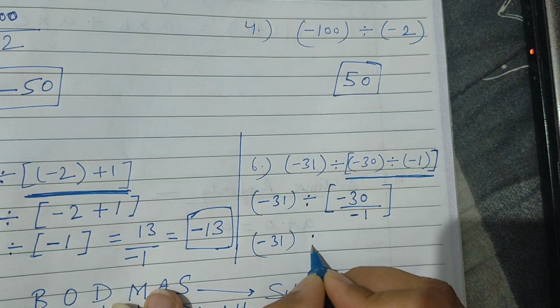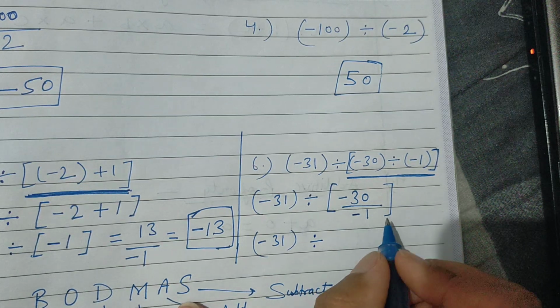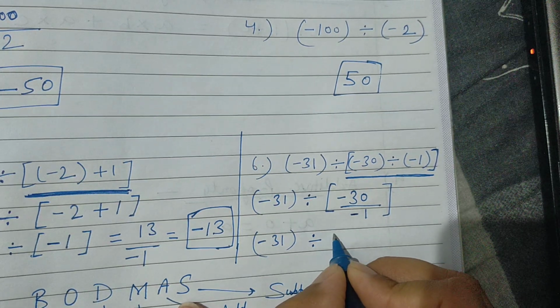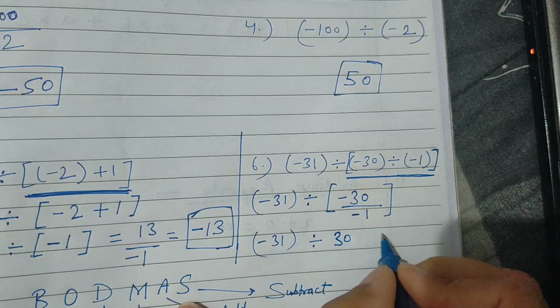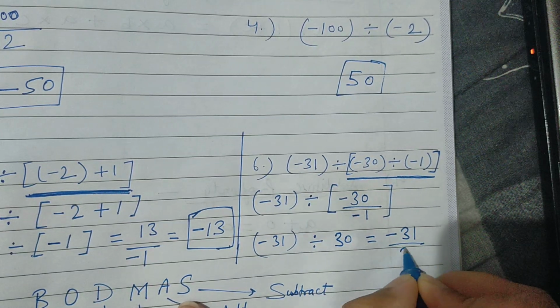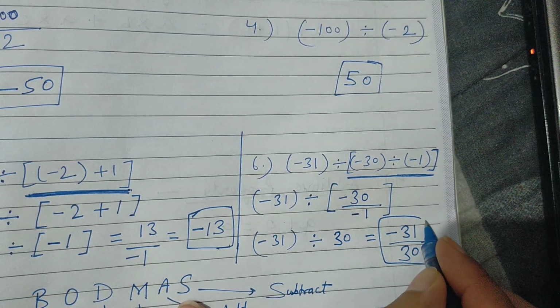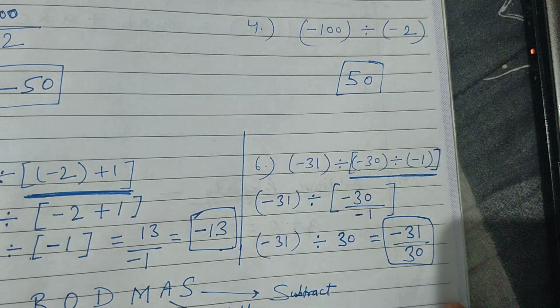What will come? -30 divided by -1 is equal to 30. Now what will be the answer? -31 divided by 30. This will be the answer.